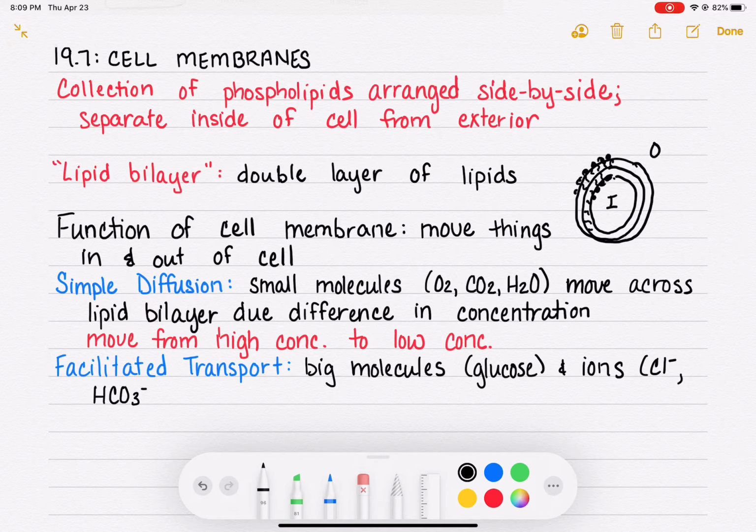Let's take a look at a picture of facilitated transport. That is being shown in this middle part of the cell membrane picture here.